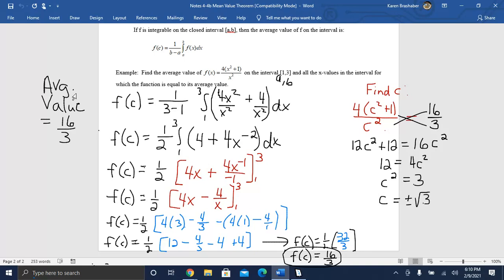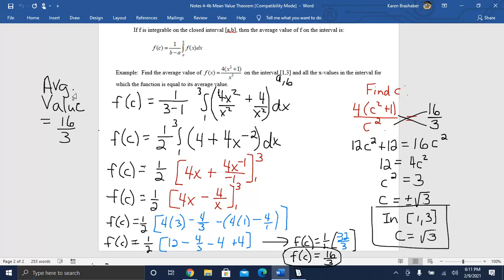Now, the only value that is in the interval from 1 to 3, so we want to make sure we stay in that interval, c would have to be the square root of 3. So need to make sure that you use only the value or values that would be in the interval.